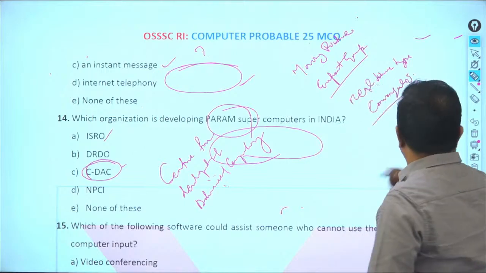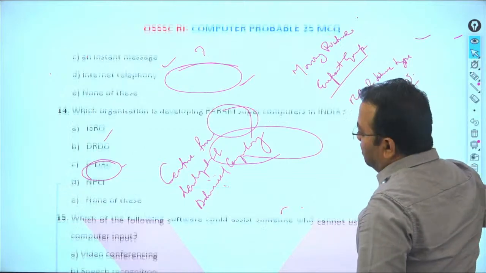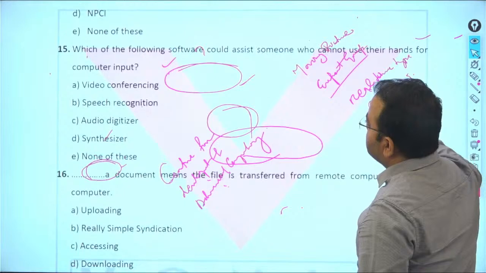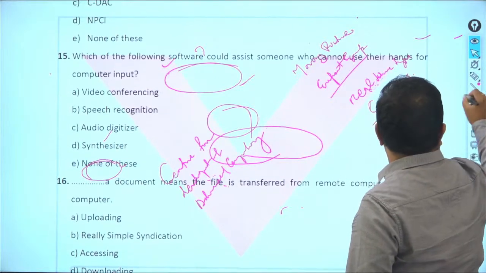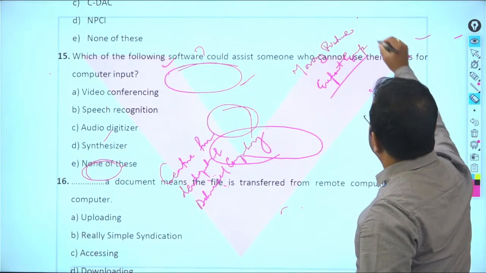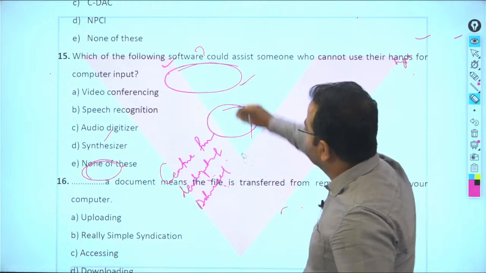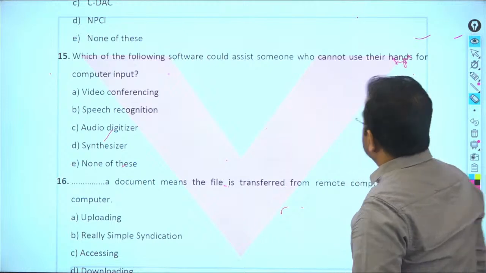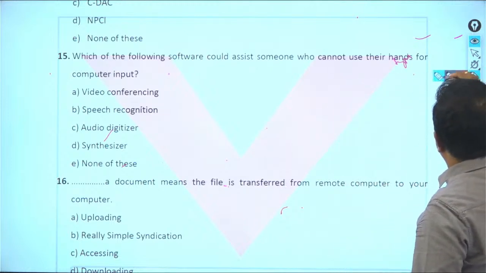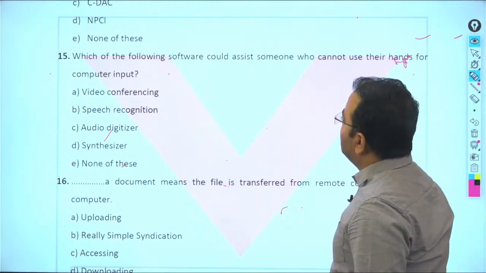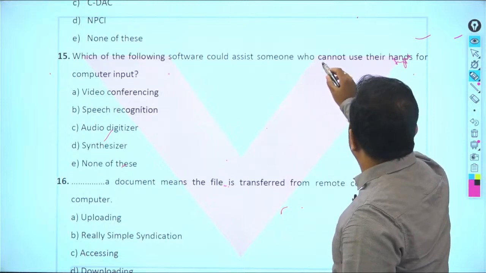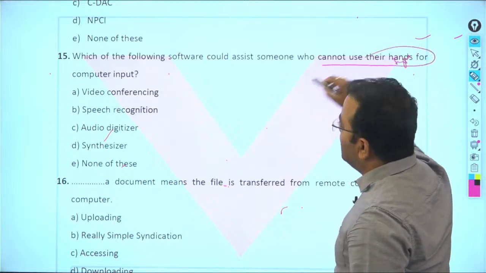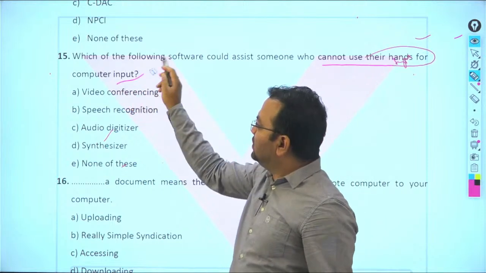Then goes to question number 15. Which of the following software could assist someone who cannot use the hands for the computer for the input?